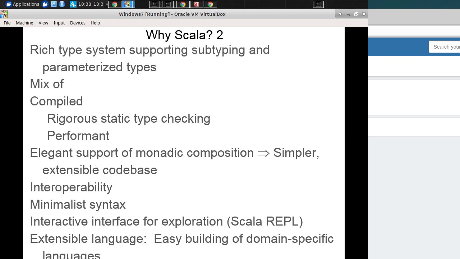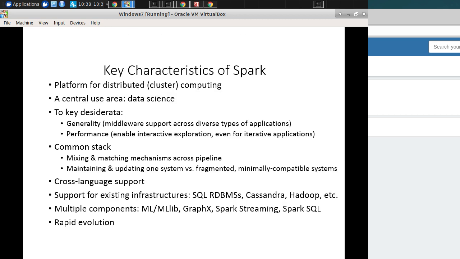Okay, so I'd like to close out this first lecture by talking about Spark, because Spark will be a platform that we'll be using centrally throughout the latter 2/3 of the course.